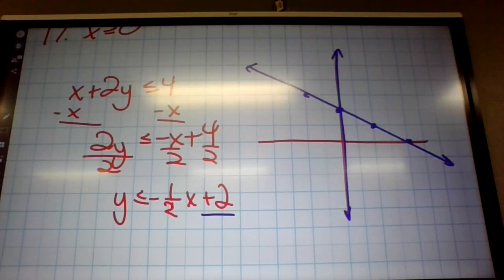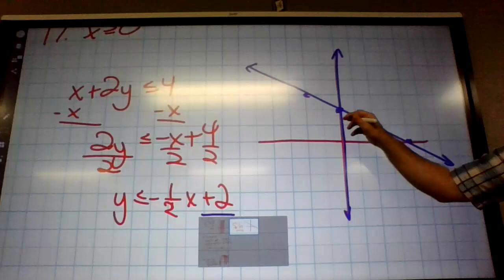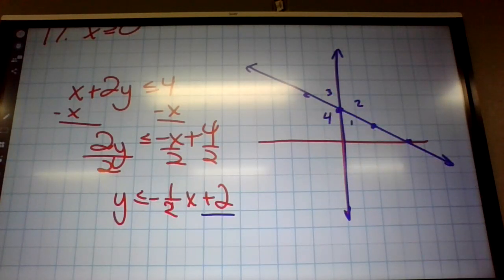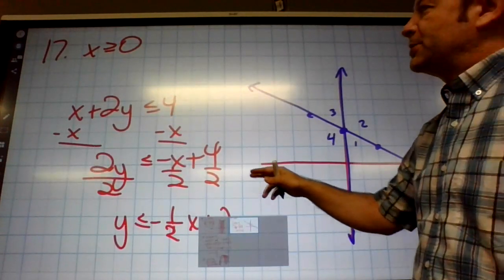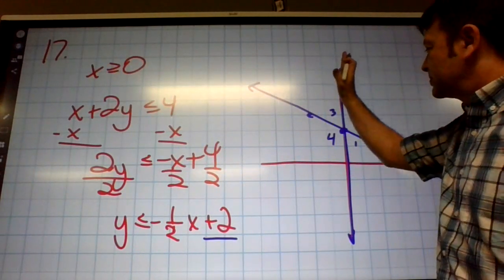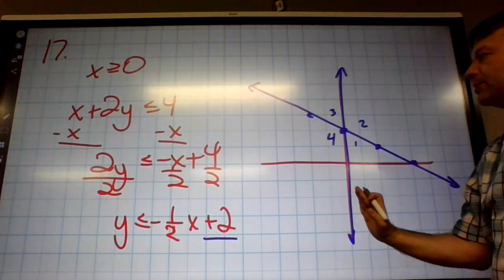Okay, when you draw 2 lines, notice it creates 4 regions, kind of 1, 2, 3, 4 here. One of those regions contains the solution set of answers. Okay, so on my first line, it was x is greater than or equal to 0. So this vertical line. Where are the x values greater than or equal to 0?